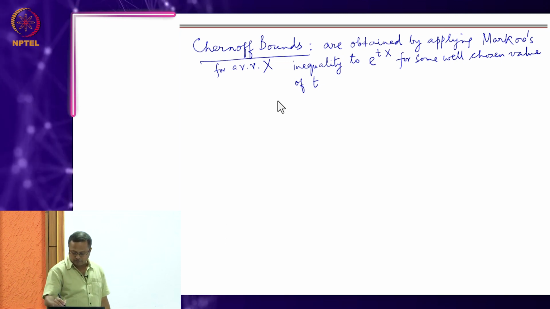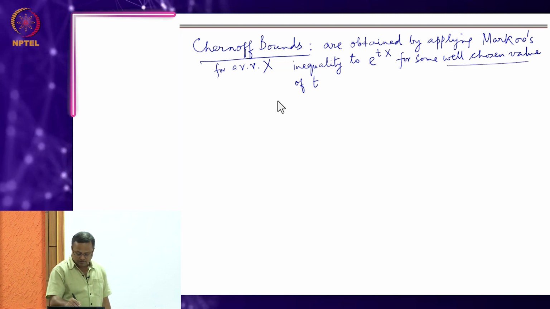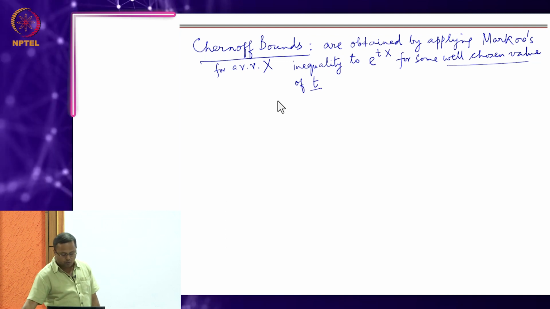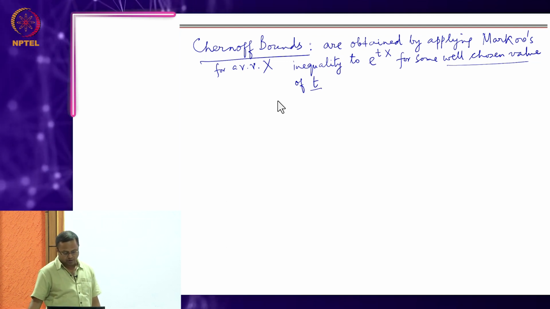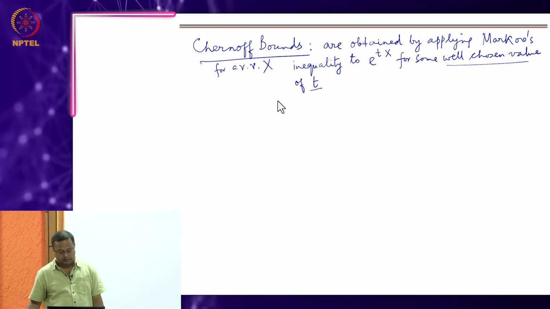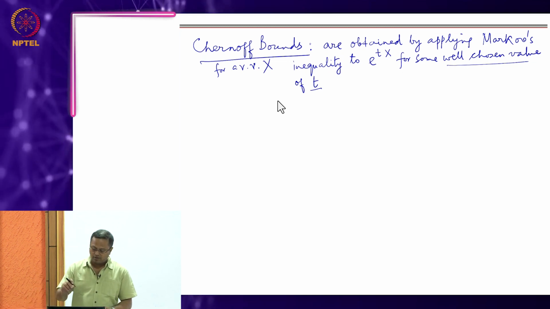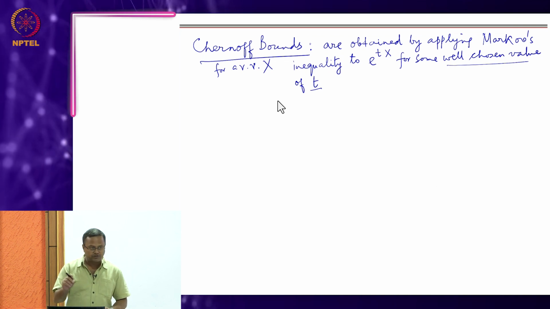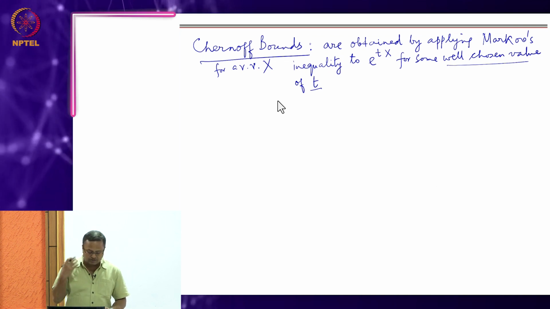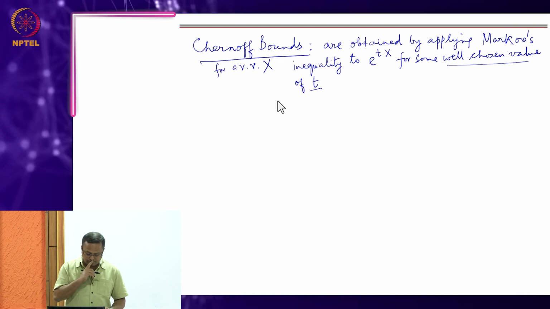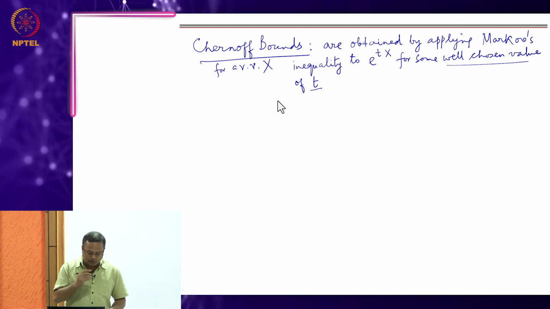So, this well chosen value of t decides how good your Chernoff bound is. Now, think of this in the following way. What are my tail inequalities?